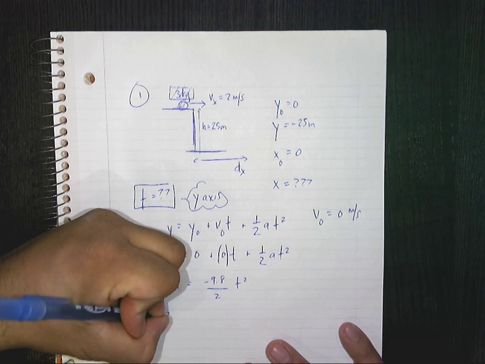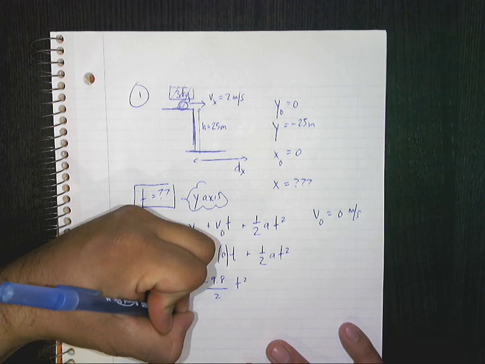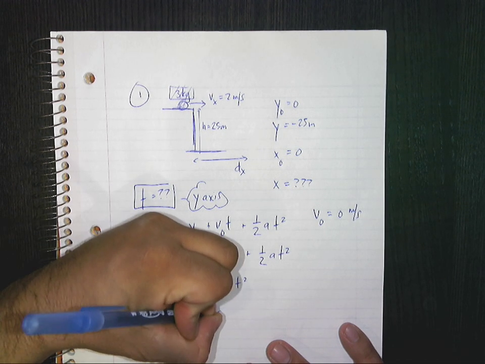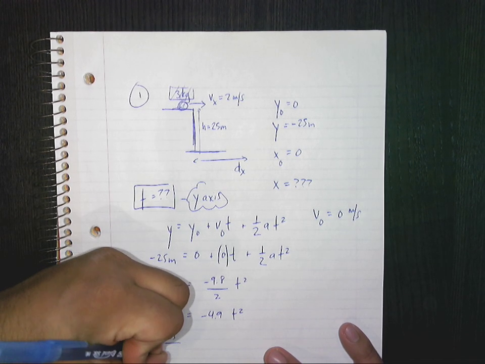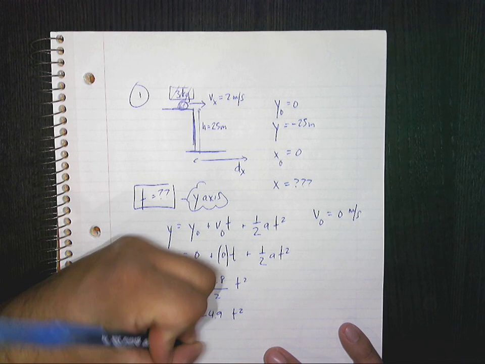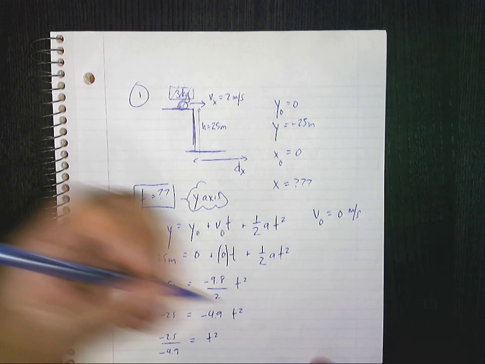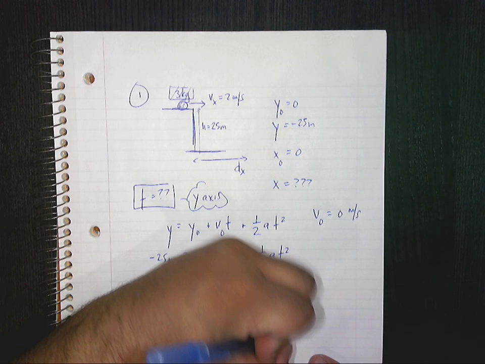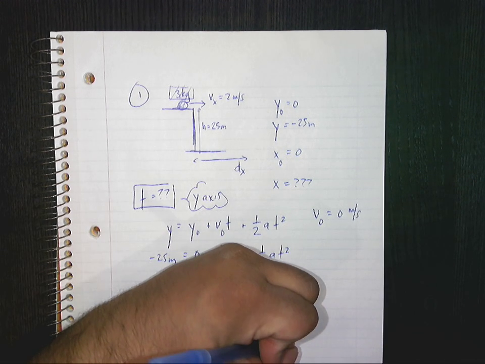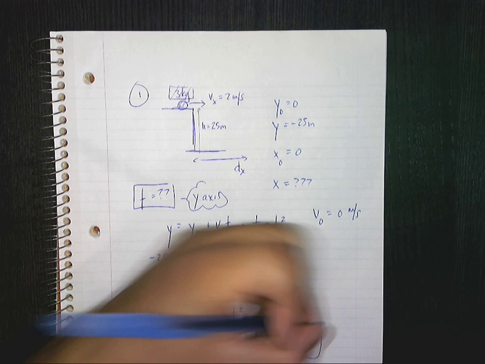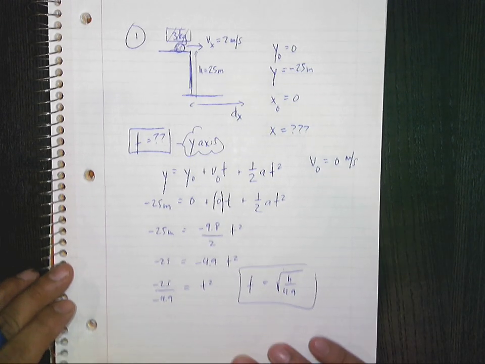Negative 25 meters equals negative 4.9 t squared. Of course, divide both sides: negative 25 divided by negative 4.9 equals t squared. This is very similar to the equation we came up with in class earlier today, where t equals the square root of the height divided by 4.9. Let me scroll up.